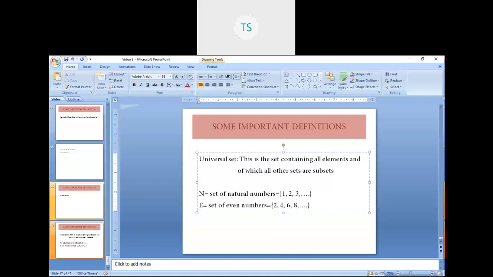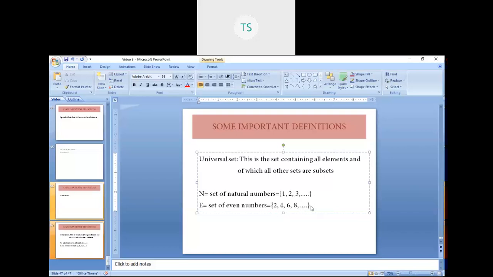Now, if I compare these two sets, capital N and capital E, what can you say about them? You can say that every member of capital E is a member of capital N, because capital N is the bigger set, capital E is the smaller set.